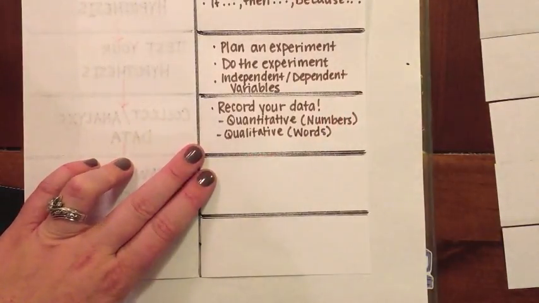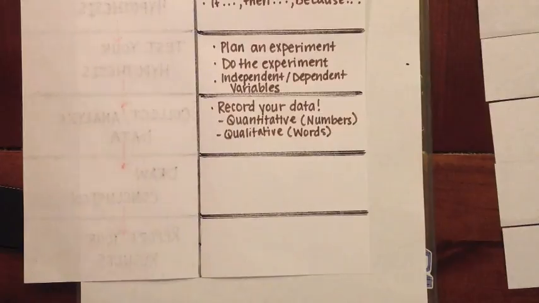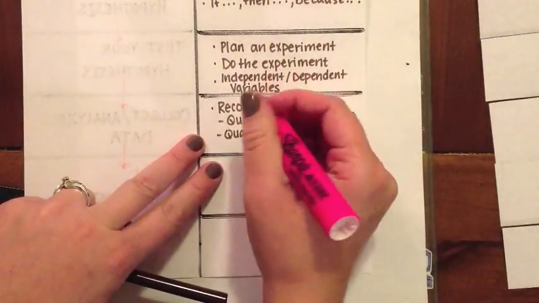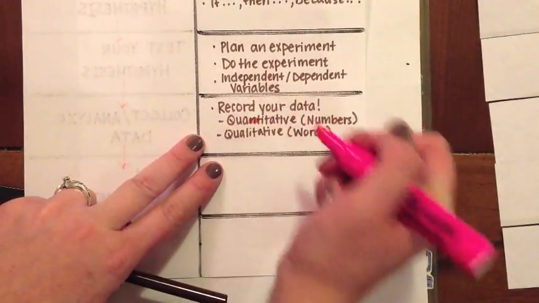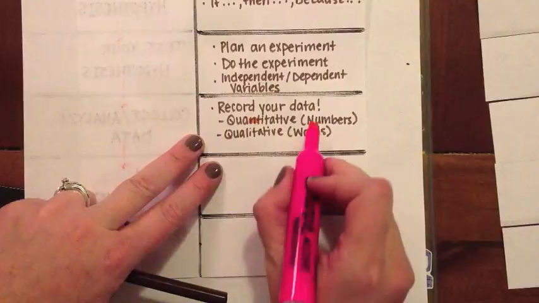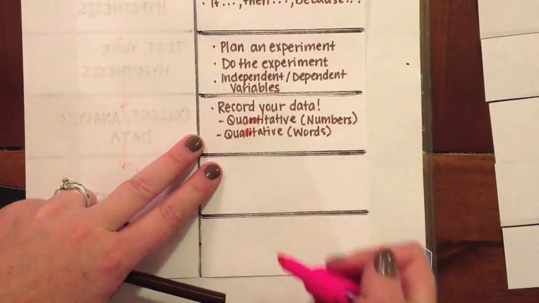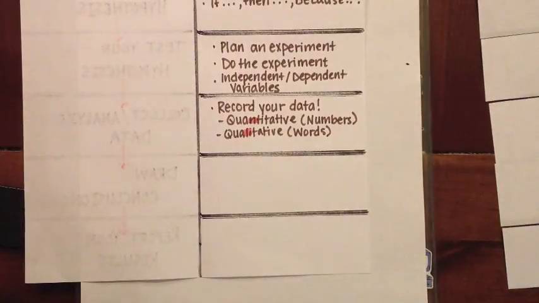or observations. Now, one thing that I do to help me remember quantitative and qualitative is I remember the N in quantitative is like the N in numbers, and the L in qualitative is like language, which is words.